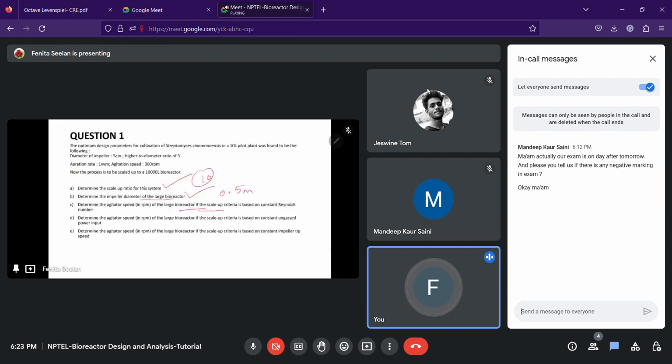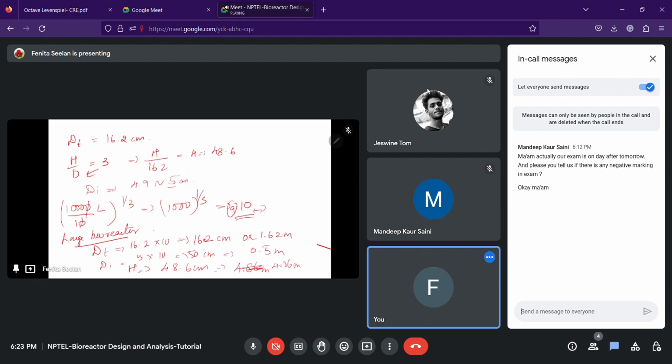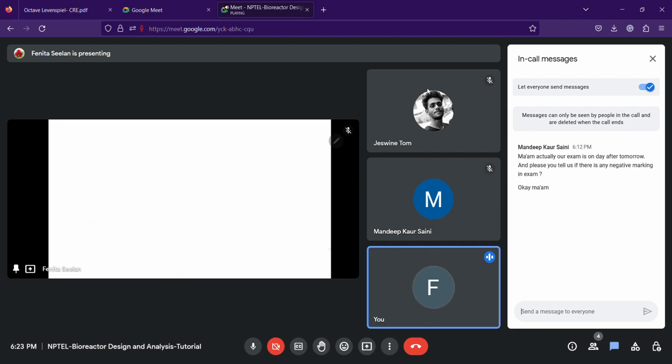So your question D is about your scale-up criteria based on constant ungassed power input. How do you write that? Your constant power input ungassed.